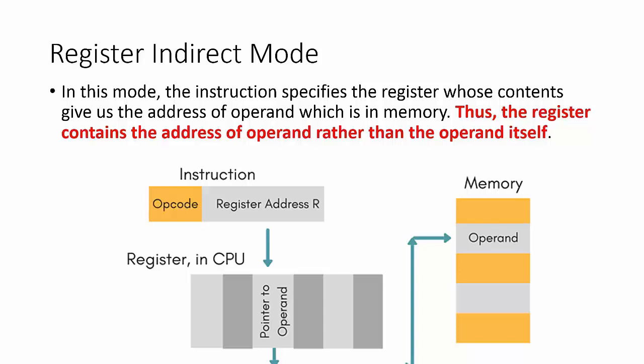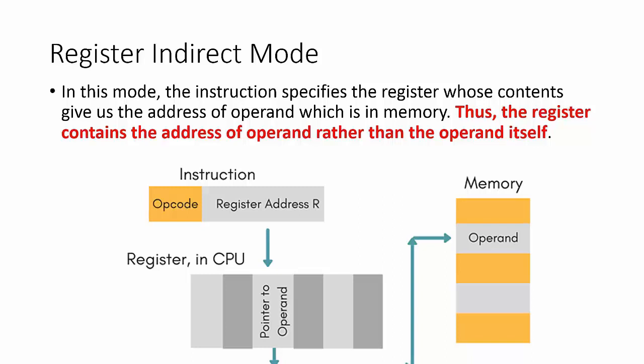As I already told you, the instruction is divided into two parts: the opcode and the address. Here it is the register address. In this addressing mode, the register contains the address, not the actual contents. So that's why the register address arrow goes to the register.